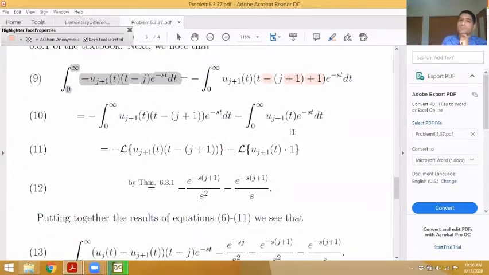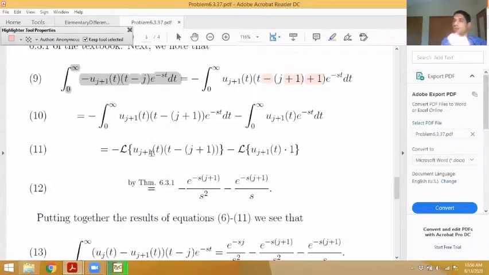Now, this first integral is going to be the Laplace transform of u_{j+1}(t) times t minus (j plus 1), right? Because I am taking this function, I'm multiplying it by e to the negative st, and then taking the integral. That's how I made this observation.